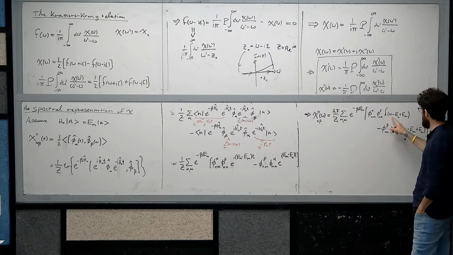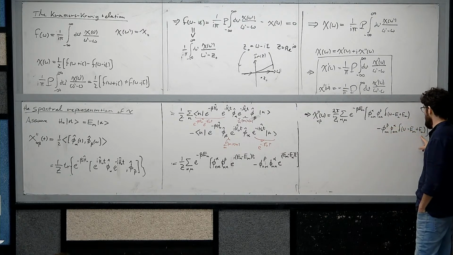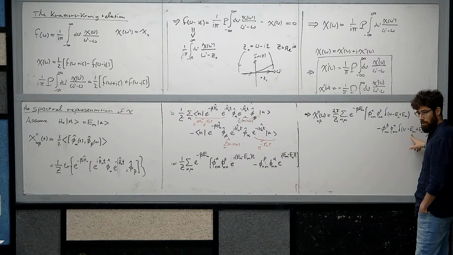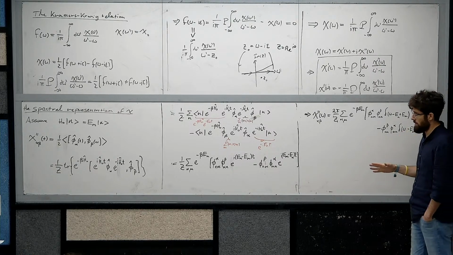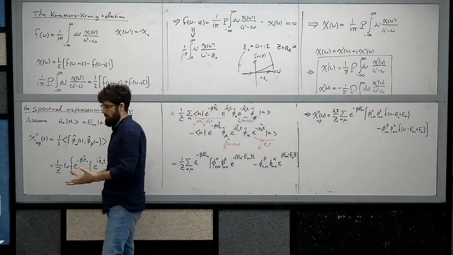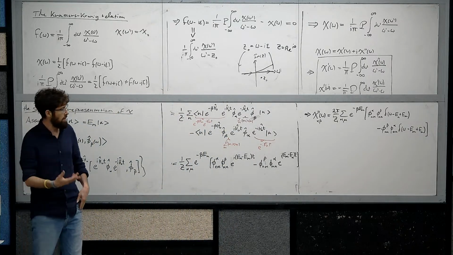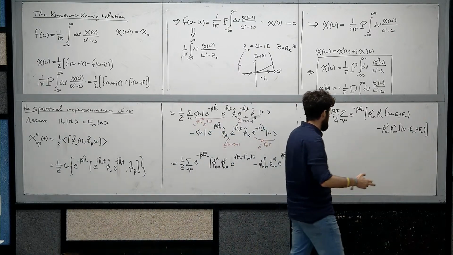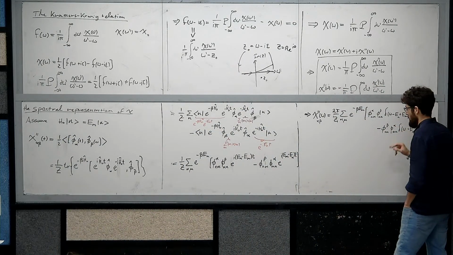Now, what am I trying to say? There is an absorption term and an emission term, right? Because this is like the energy of the initial state minus the energy of the final state, and here it's reversed. So there are intermediate processes in which there is emission into the medium and absorption into the medium, and this is what these two terms represent.